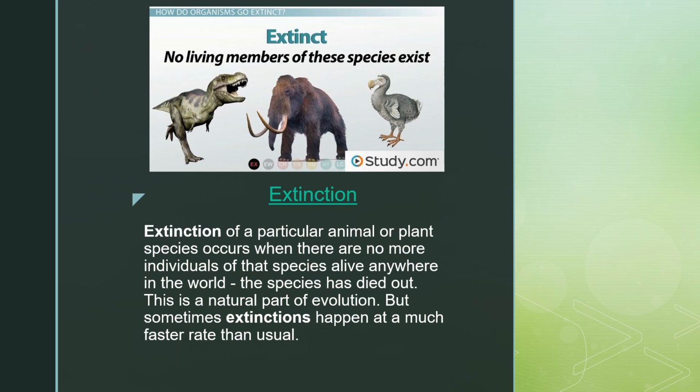Can you remember some animals that are no longer alive? Yes, dinosaurs are one. Many animals are becoming endangered, and if we do not look after those animals, then those too will become extinct. Let's all work together to help our animals stay alive.